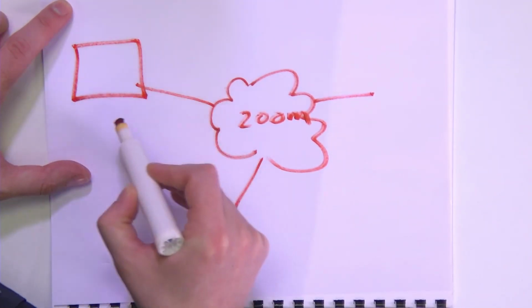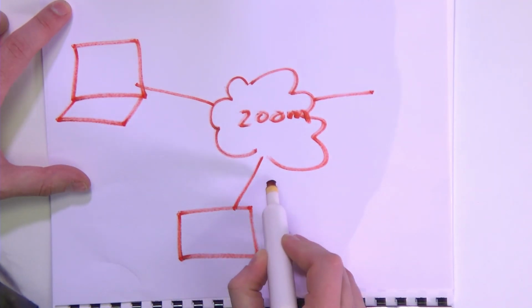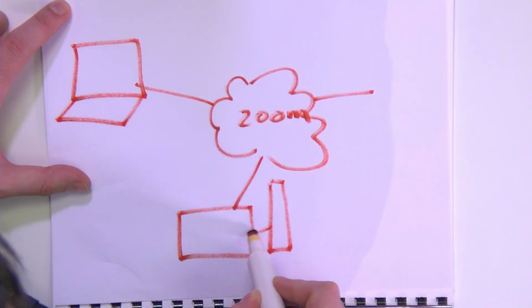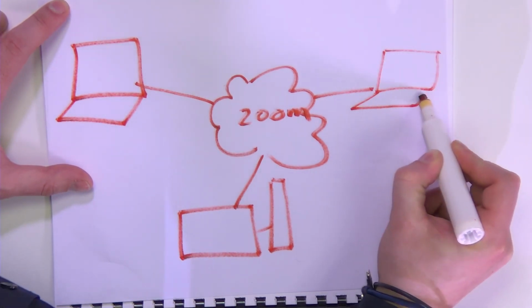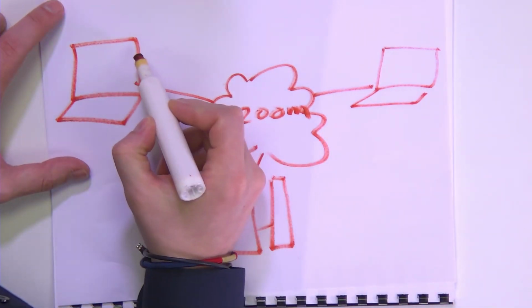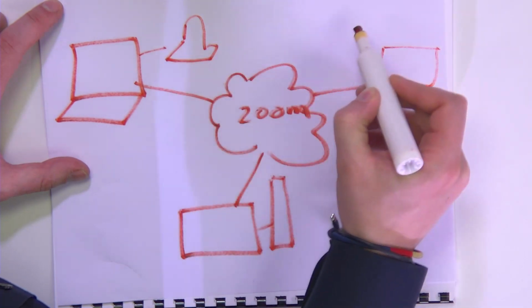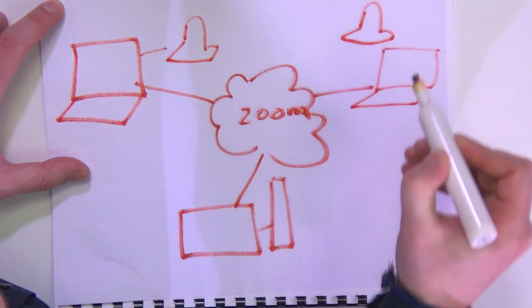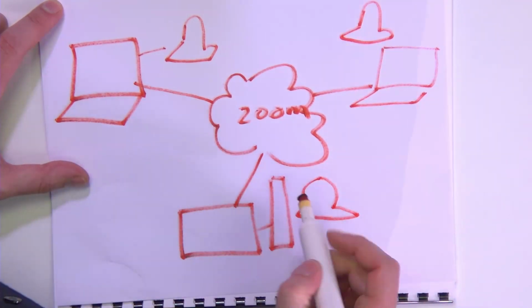So we've got computer 1, we've got computer 2, this one's got a tower PC, and then we've got computer 3. So Tess and I have our laptops here, and then we have the HuddleCams connected to each one of these. Sorry for my drawings. So then each one of them has a camera.